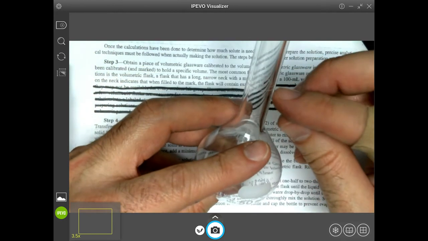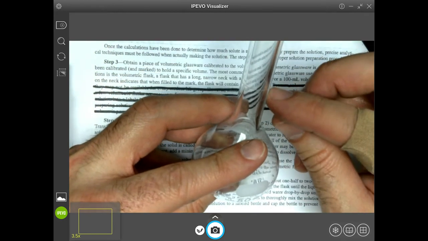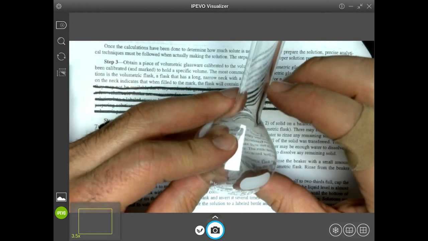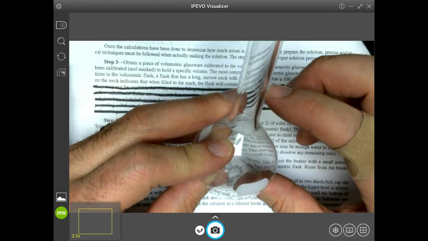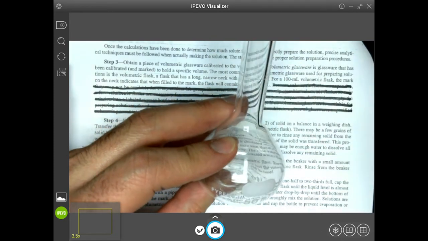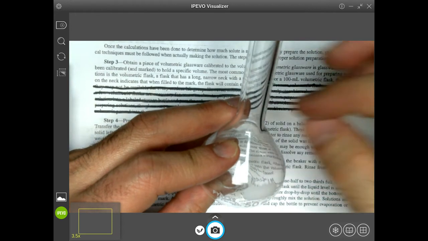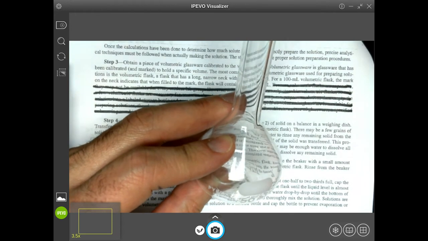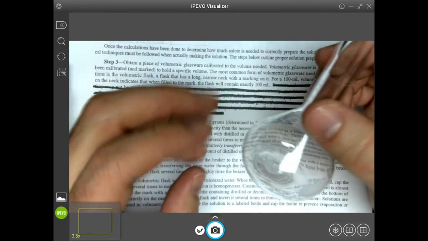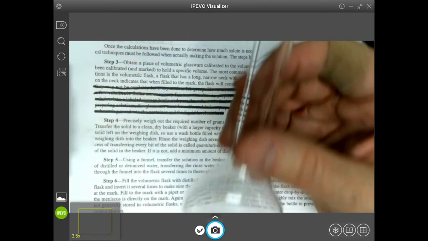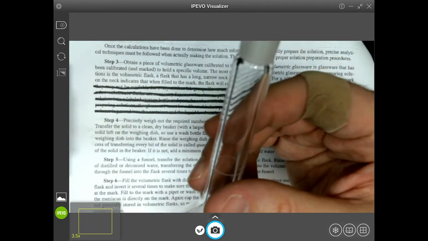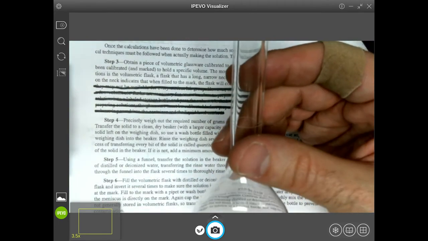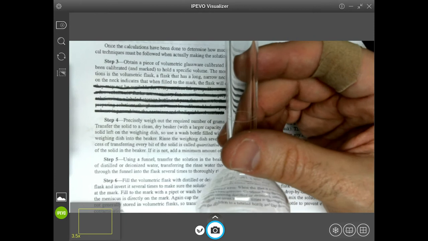So you get that filled to that line, and in mine you have 50 milliliters. Those of you that have 100, obviously, if it gets to that point, it would be 100. Okay. So volumetric flasks are designed basically to do one thing, which is to make solutions.